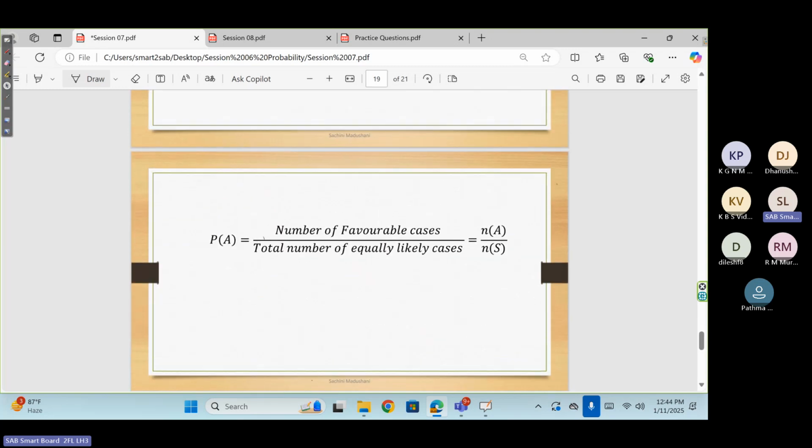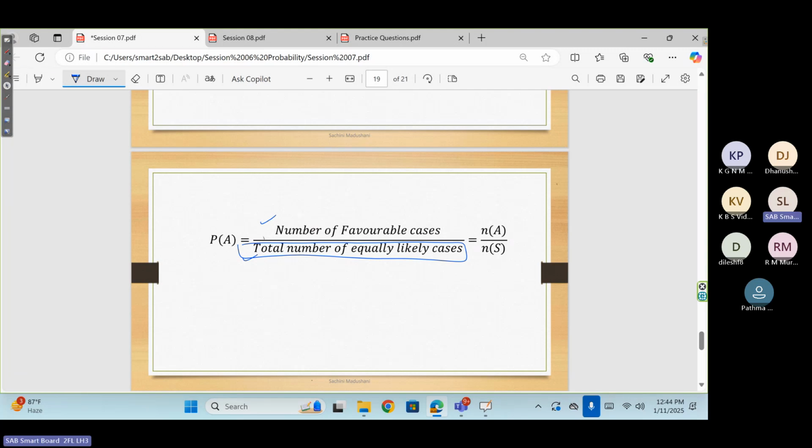Then, another way we write the probability value: normally we can express it as a decimal value or a fraction. In a fraction, there is a numerator and a denominator. Here is the numerator, and this is the denominator. The denominator represents the total number of equally likely cases. It means how many sample points are in the sample space.